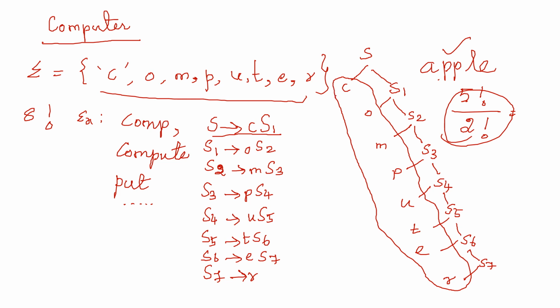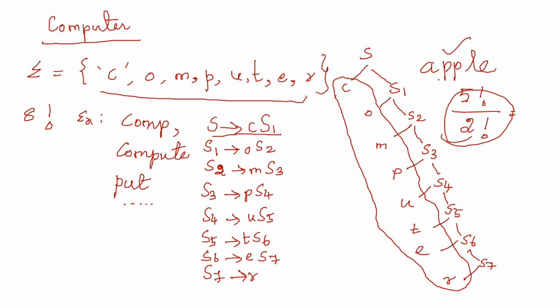You can check whether it is possible to generate any other words from these production rules. S always goes to C S1, so it will start again with O S2; instead of S2 we are putting M S3. So definitely these production rules support only computer alone.